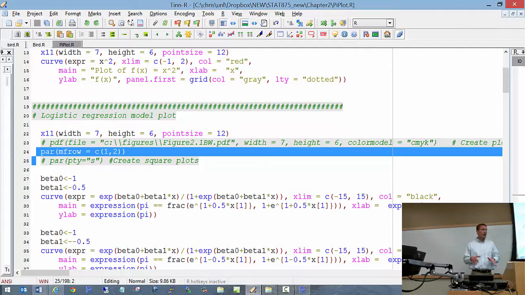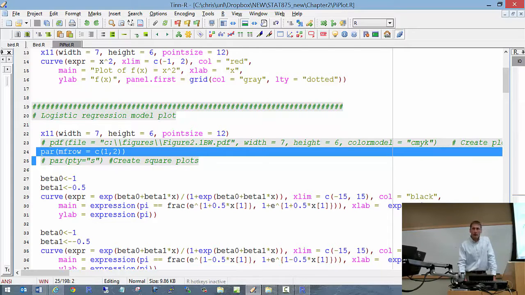We showed mfrow in our linear regression video for practicing with R. As a review, mfrow means make frame by row. The first entry is the number of rows and the second entry is the number of columns. If you think of it as a table structure, it's going to be one row, two columns.